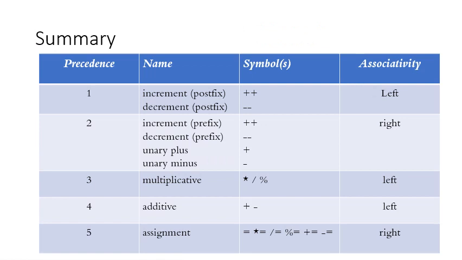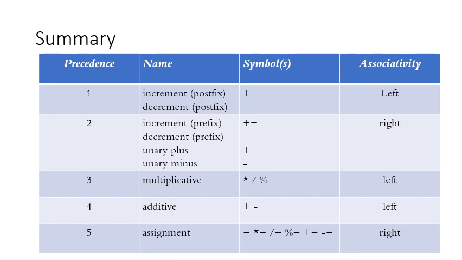Okay, so this is just a summary of the operators that we have discussed in order of precedence. The first on the list is your postfix na increment and decrement, followed by your prefix na increment and decrement, and then you have your unary plus and unary minus.